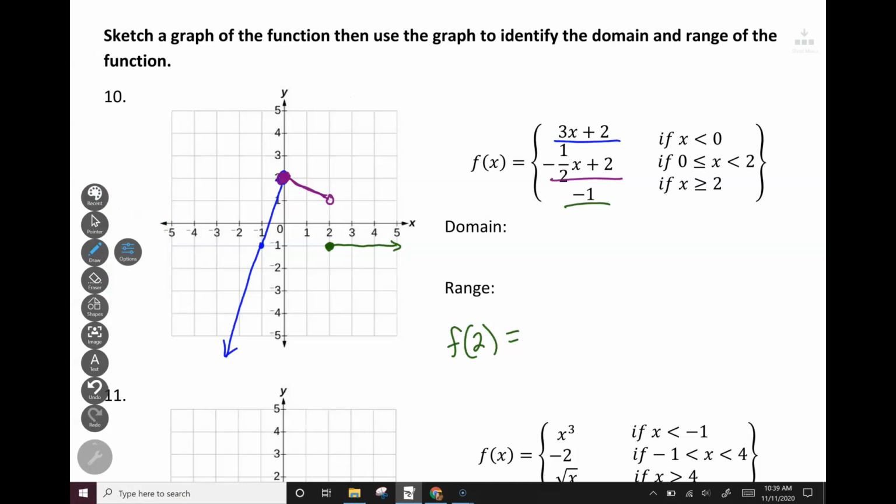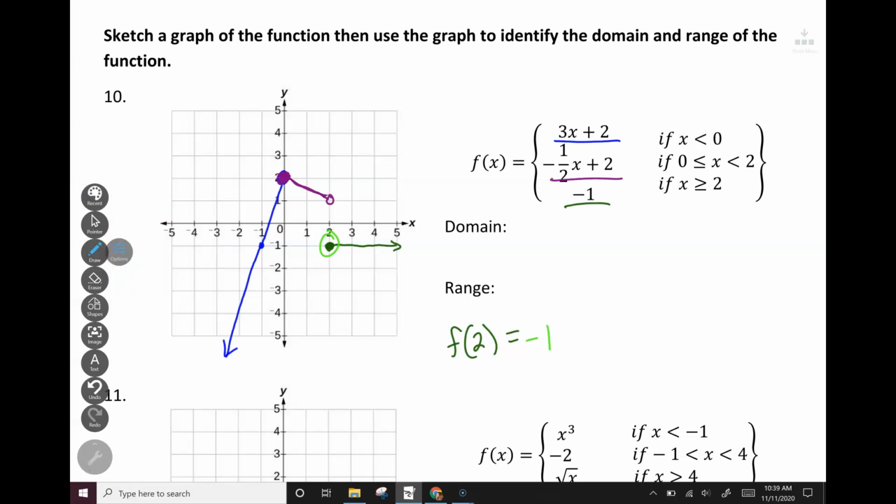So that means the y value is -1, because that's where the point is when x equals 2. You can't have multiple closed circles or multiple points at 2 because then it wouldn't be a function at all. And we're doing piecewise defined functions. So it should always be one of them is open and one of them is closed if you have 2 points at the same x value. So that's how that works.